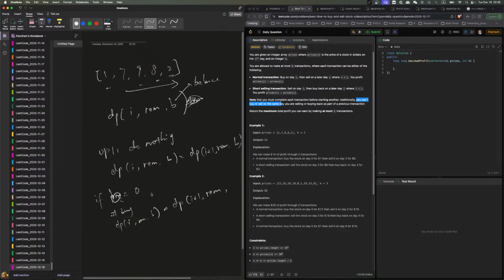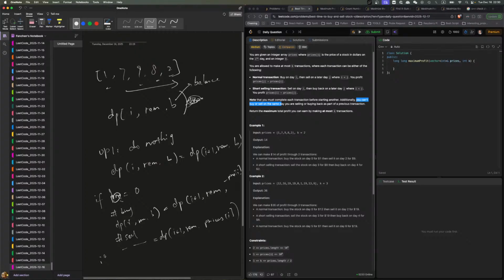But here we're going to buy on that day, so we say negative prices[i]. We will buy on that day. Or we can choose to sell, so it equals DP[i+1], still remaining, and then prices[i]. So we sell that day.